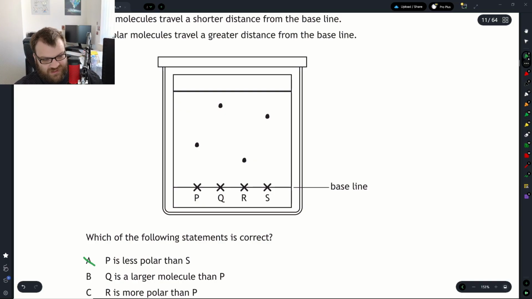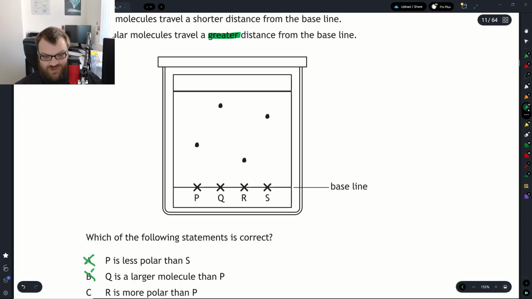Next one says that Q is larger. Larger molecules travel a shorter distance. We're up on this one here, that was Q and P. Q travelled further, so Q would then be a smaller molecule. Rule that one away. R is more polar, with less polar molecules travelling a greater distance, and more polar would travel a shorter distance.